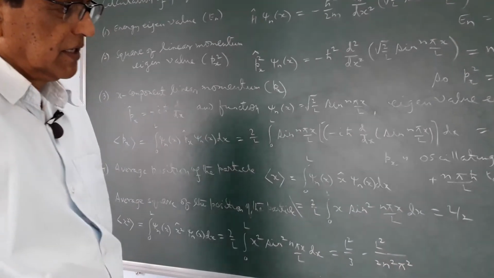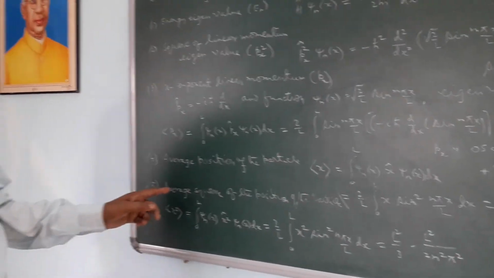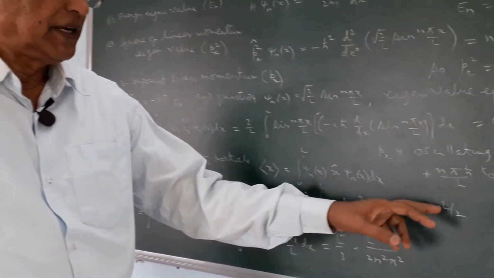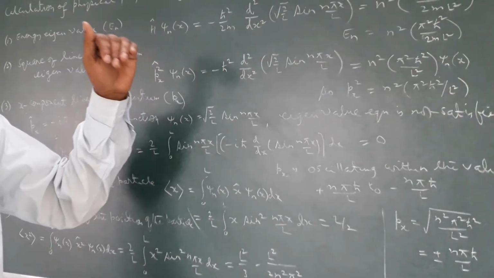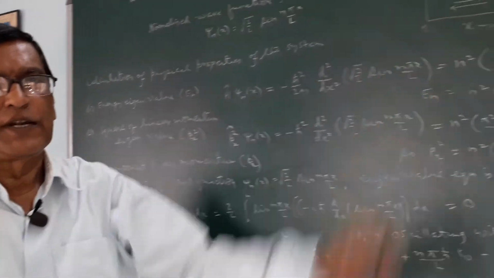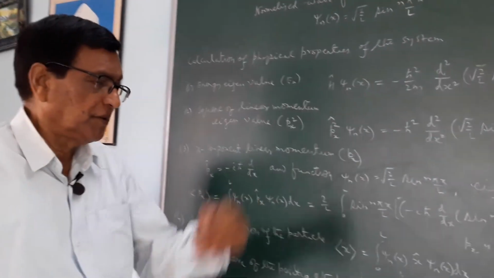Already I have derived this in my past lectures. So this expectation value, or the average value, is L by 2. Most expected position of this particle in a one-dimensional box is just at the middle point of this box.